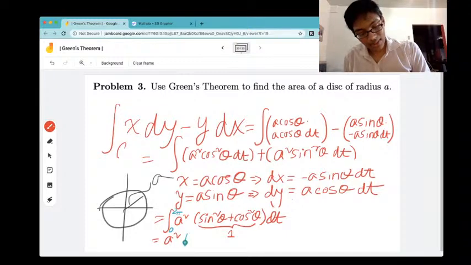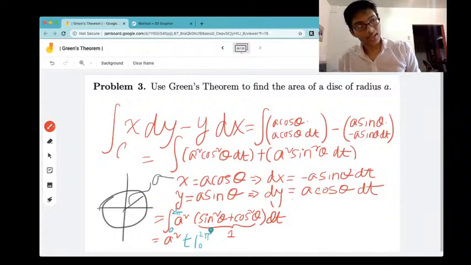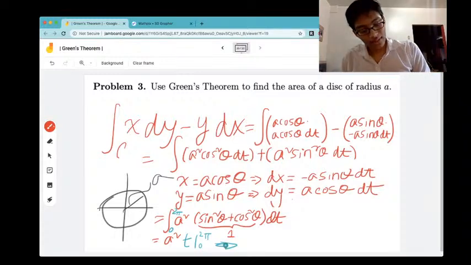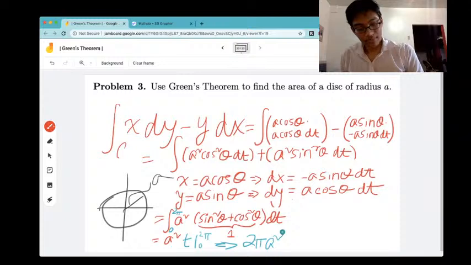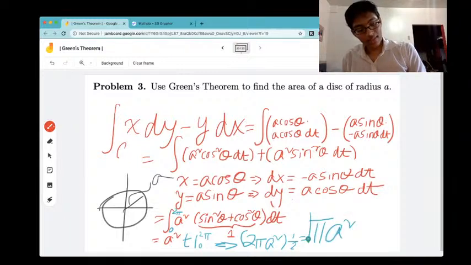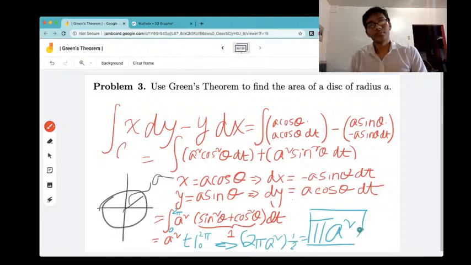So that means my t will go from 0 to 2 pi, telling me that at the end of the day, I'll be left with none other than 2 pi a squared, right? But of course we take half of that for symmetry, and we're left with pi a squared, which is indeed the area of any circle.